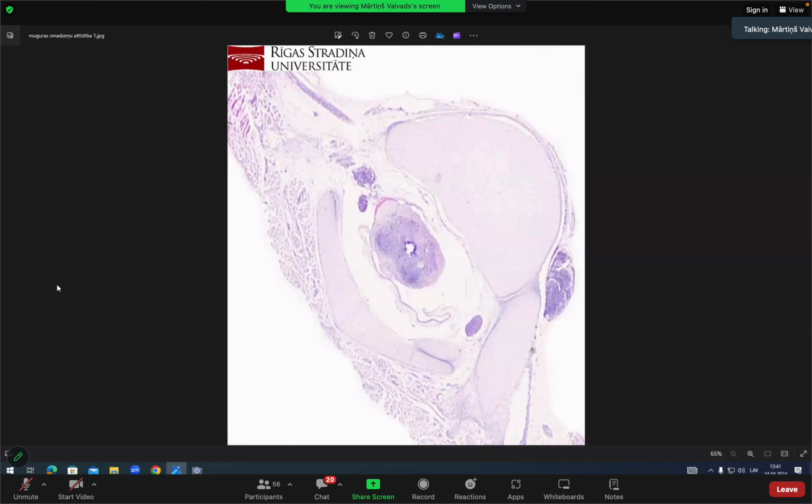If we zoom in, again, let's go through the structures. 1, canalis centralis. So again, there's the central canal in the middle.